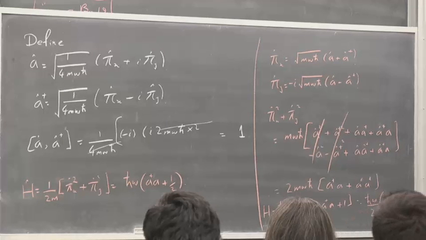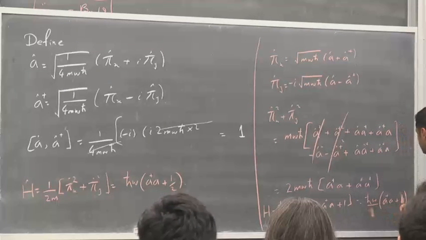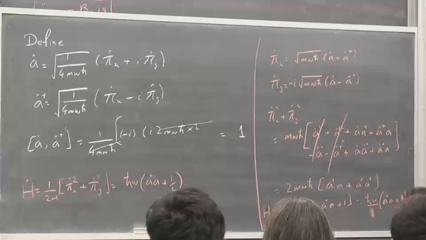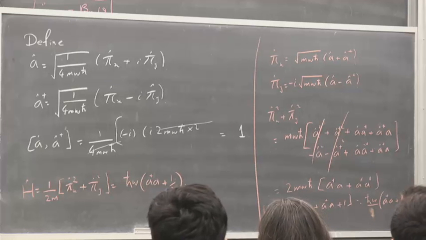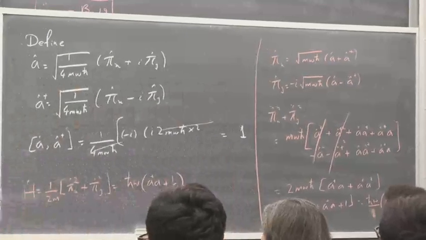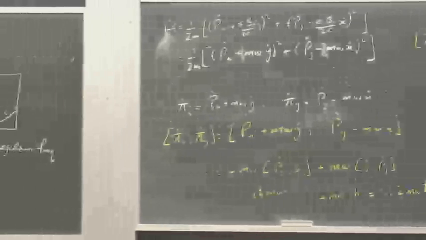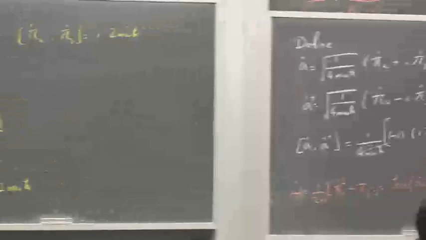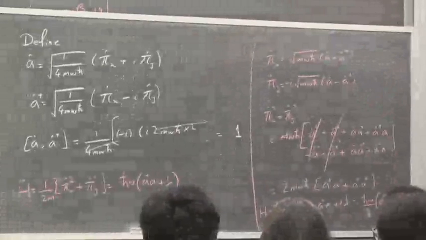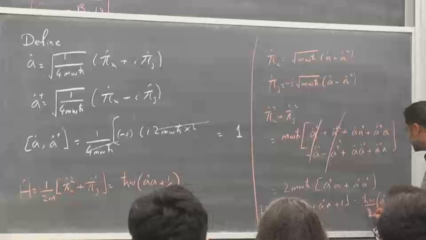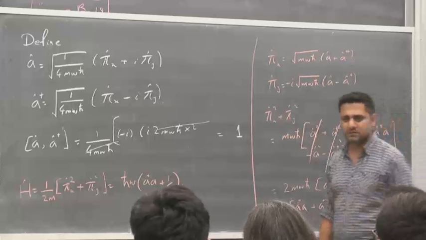Something went wrong, I'm missing the 2. Where? It's in the omega. Yes, it's in the omega. This omega is not the omega of the oscillator, so here I get h bar omega over 2, which is fine.